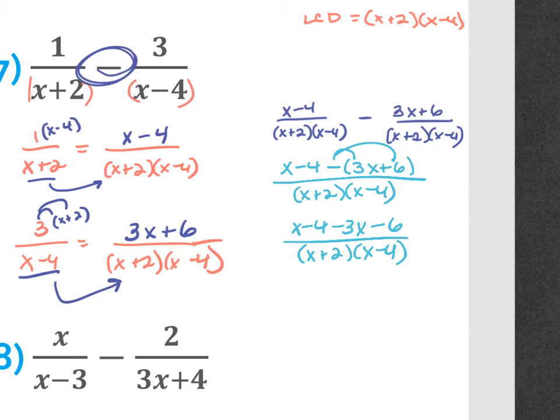Combine my like terms: x minus 3x is negative 2x, negative 4 minus 6 is negative 10, over x plus 2, x minus 4. And again, there would be two restrictions there. x cannot equal negative 2, and x cannot equal 4.